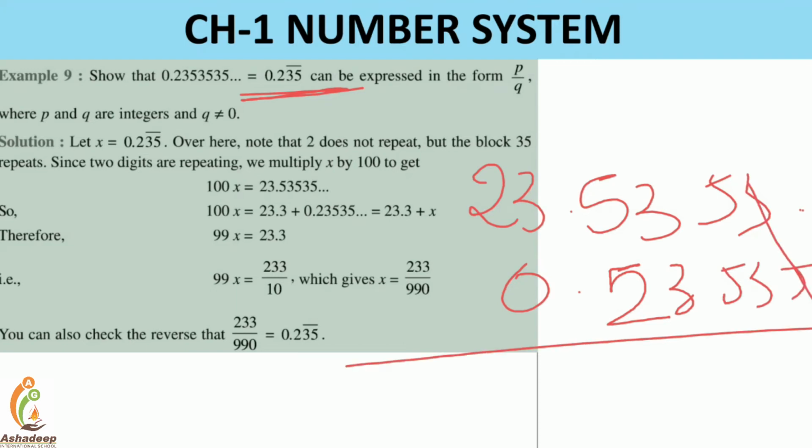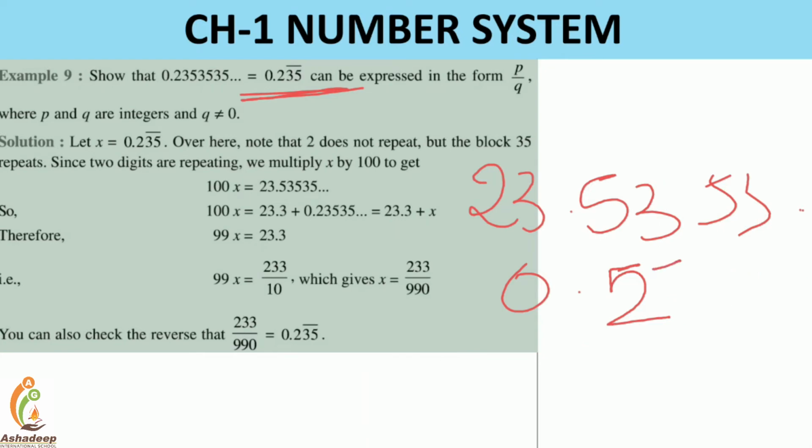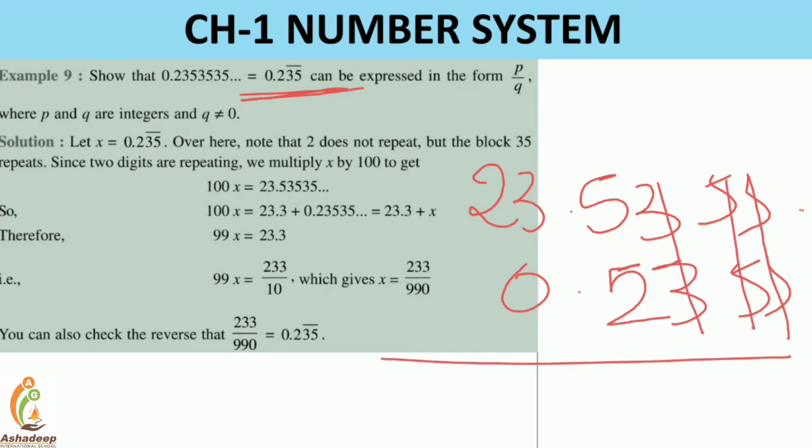So the 3s cut, the 5s cut, the 3s cut. Observe here, 2 3 5 3, 3 3 cut, 5 5 cut, 3 3 cut, right? So 5 minus 2 is what? 3, and 23 as it is, right?